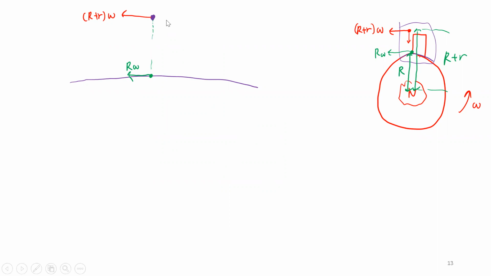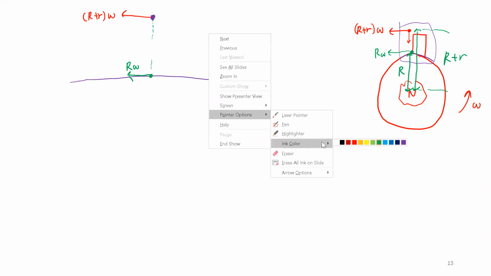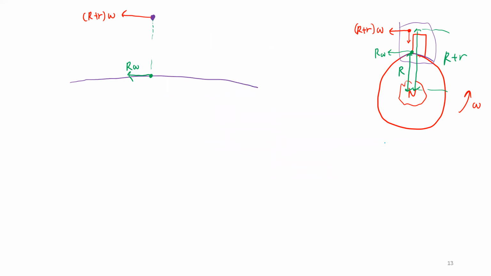From here you can already see what's going on. This velocity is slightly bigger than this velocity over here, because of the small r. So as it drops, it has this component of velocity.